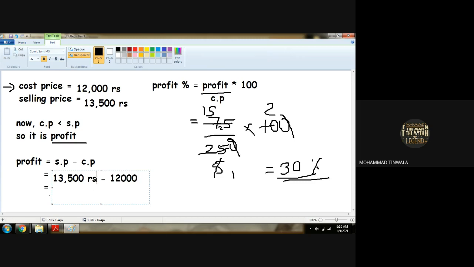So we got 1,500 rupees. That is our profit.